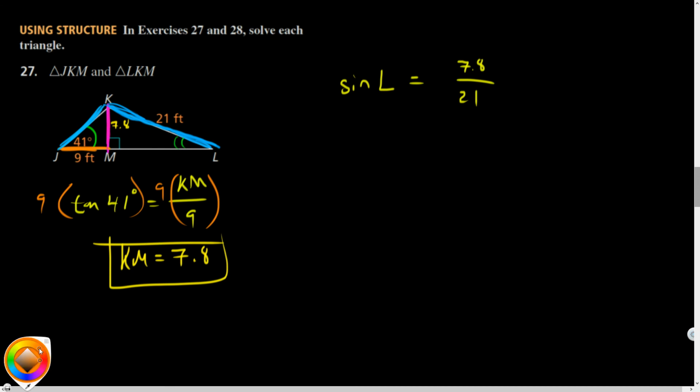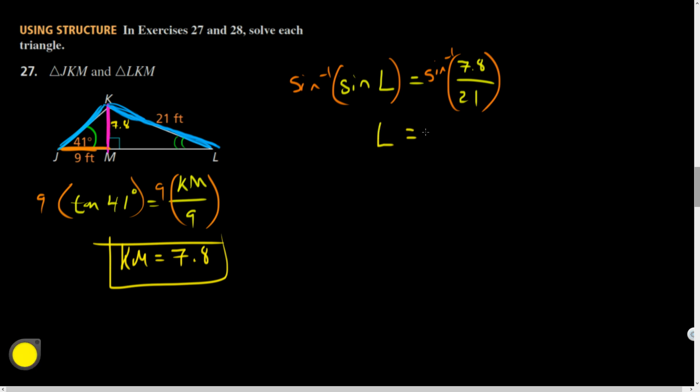And if I want to solve for L, what do I do? I take the sine inverse of both sides. Also, on the street, you might call that the sinverse of both sides, but no one else calls it that. L is equal to the sine inverse of 7.8 divided by 21, and I get 21.8.